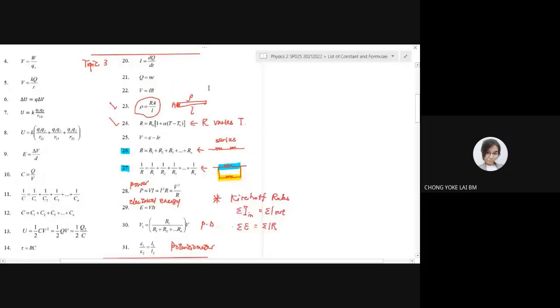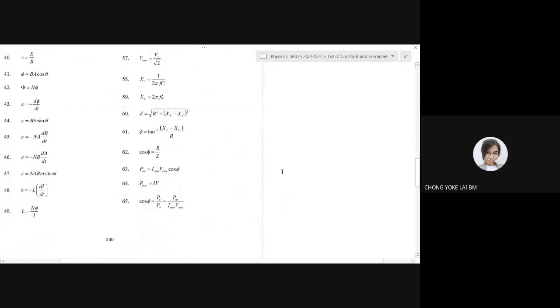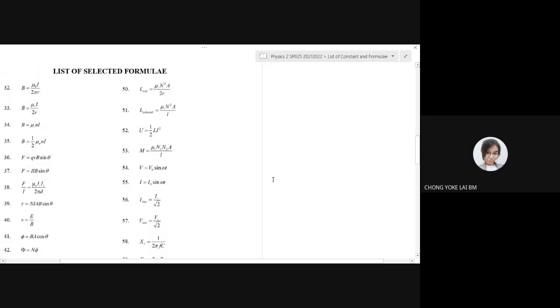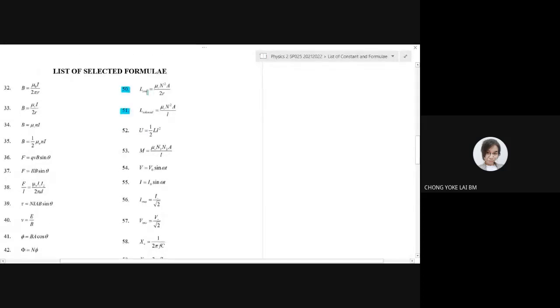So formula yang kita boleh guna adalah dekat bahagian ni Equation 48 di mana kita relate EMF induced with the change of the current and the self-inductance L. Equation 49 untuk cari self-inductance. Dan ada formula khas untuk cari self-inductance for coil and also solenoid.